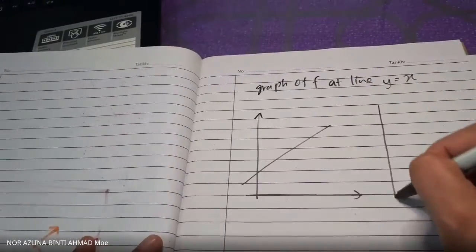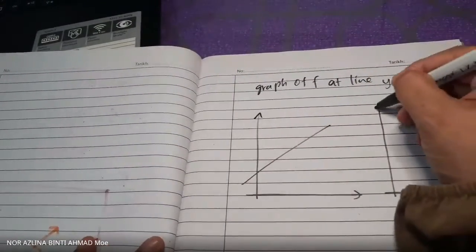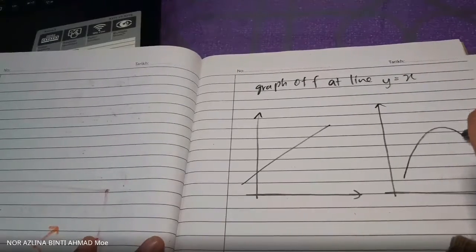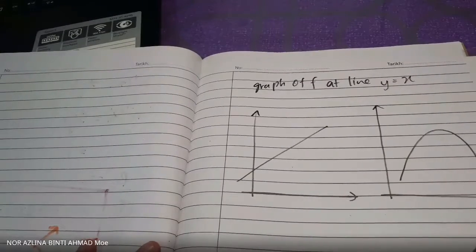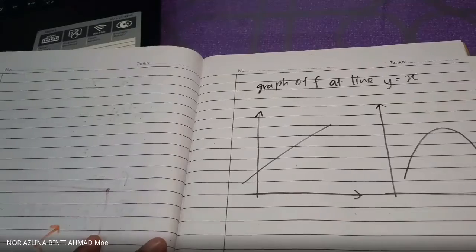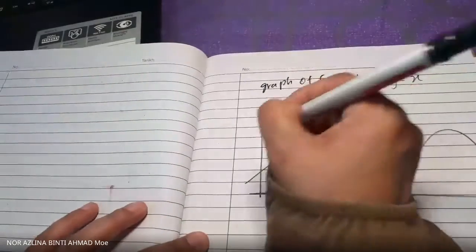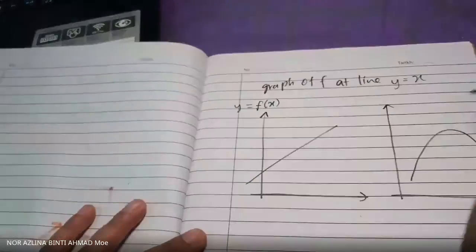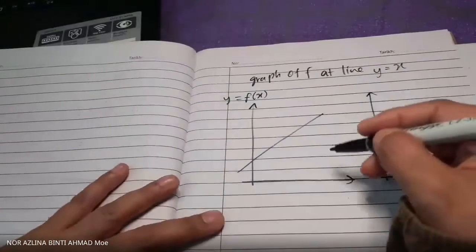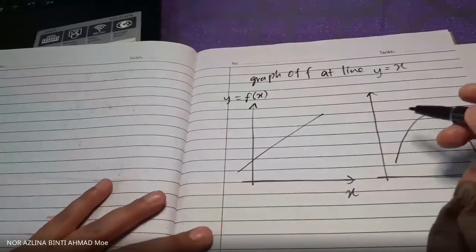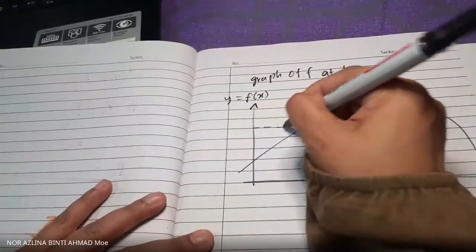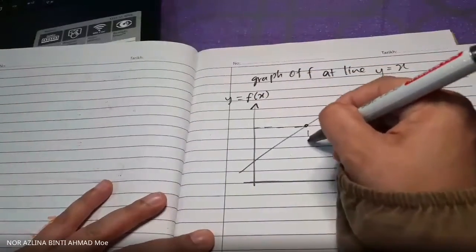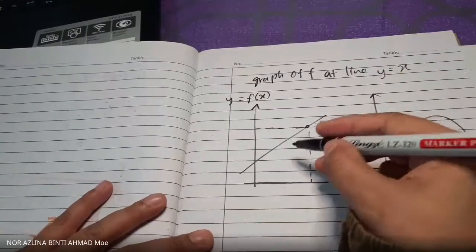Kita ada dua graph, satu garis lurus, satu lengkung. Okay, yang ini f(x). Y equal to f(x). Yang ini x. Katakan saya ada satu titik. Ini titik ke bawah. Ini adalah x.